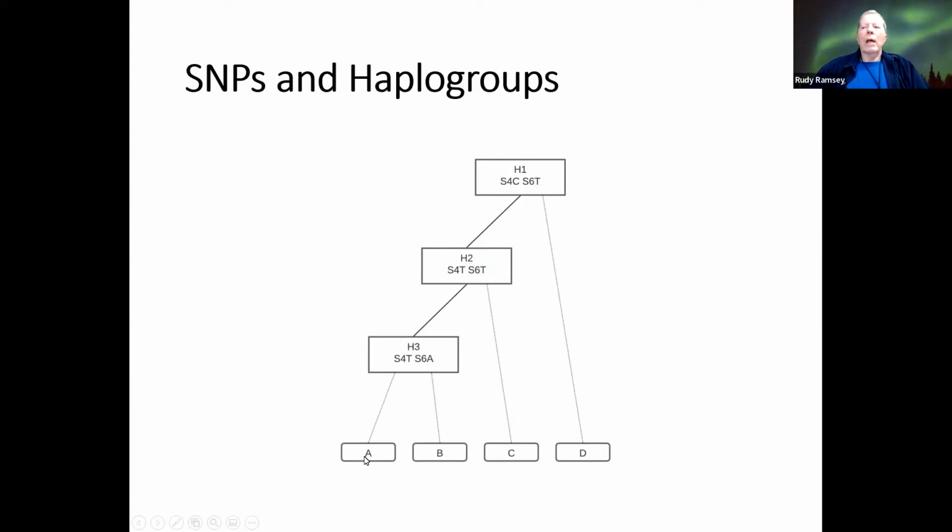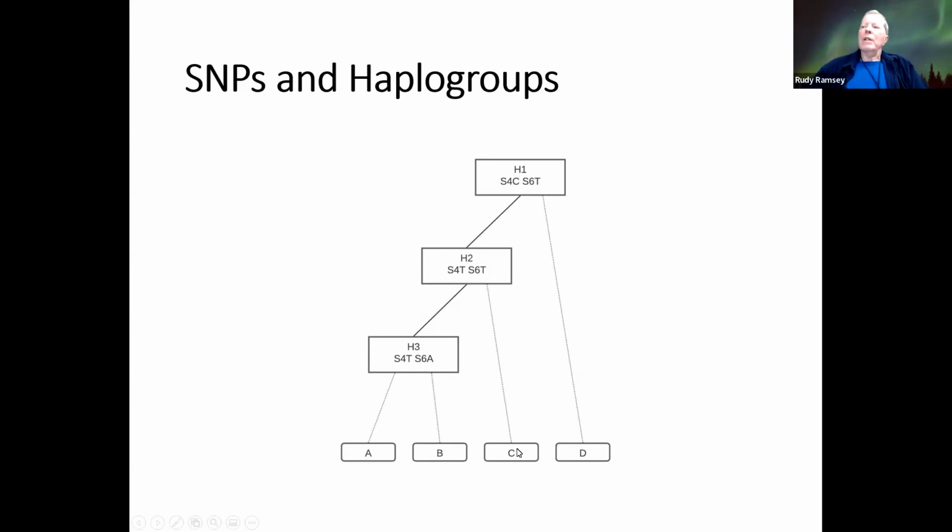And so we can draw inferences about it. If A and B are both in this haplogroup, it means that they match on all the sites, including these 2 sites.